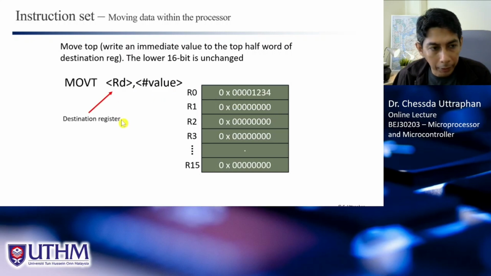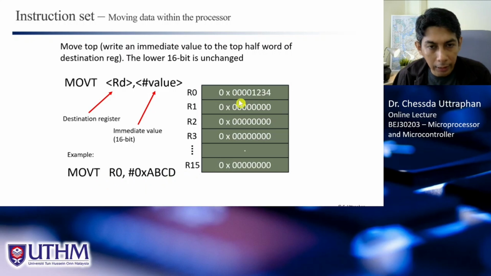So for example, if we have this instruction, MOVT R0, ABCD. So what we have is, if initially R0 we have 0000 1234. When we execute move top R0, ABCD, we will have ABCD 1234. Right? So that is move top.